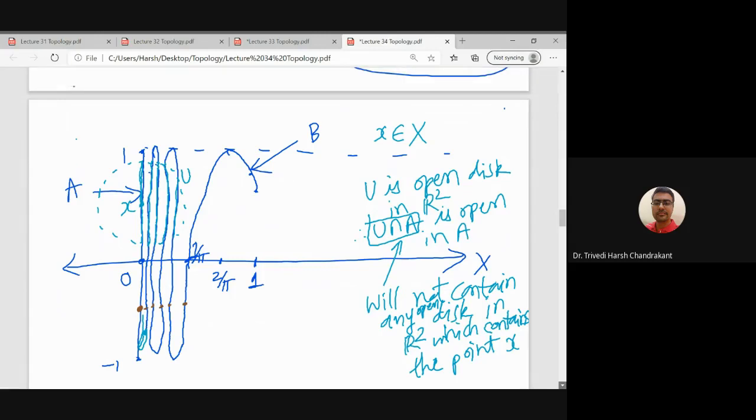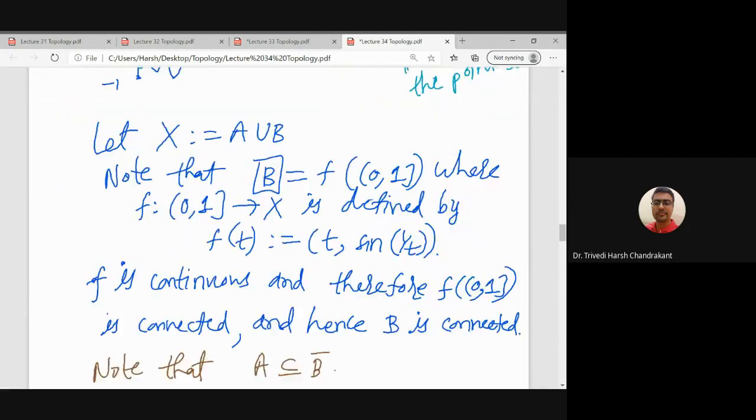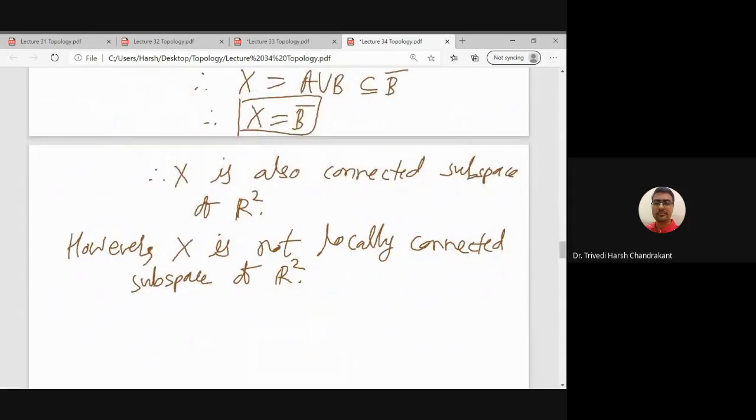So U intersection A contains infinitely many line segments of this form, but the union of all these line segments will never contain a disk, right? There cannot be any disk around x which is entirely contained in this set. So therefore this set X, capital X, is not locally compact.